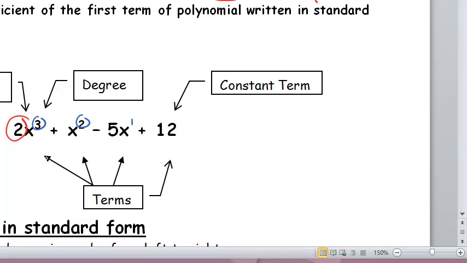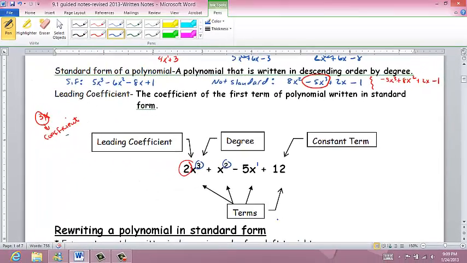This has 4 terms, okay? And you know, we kind of didn't talk about it up above, but once you get above 3 terms, we just say a polynomial with, say, 8 terms would just be a polynomial. We only name polynomials with 1 term as a monomial, 2 terms as a binomial, 3 terms as a trinomial. Once we get above 3, we just say they're polynomials.